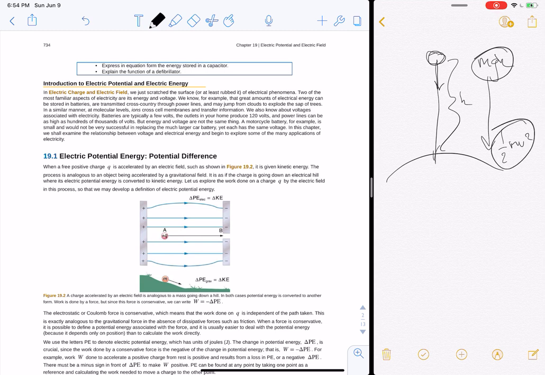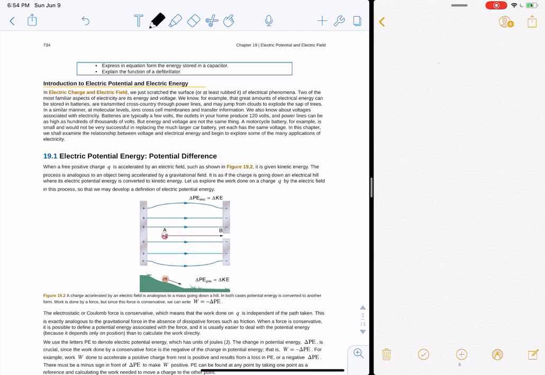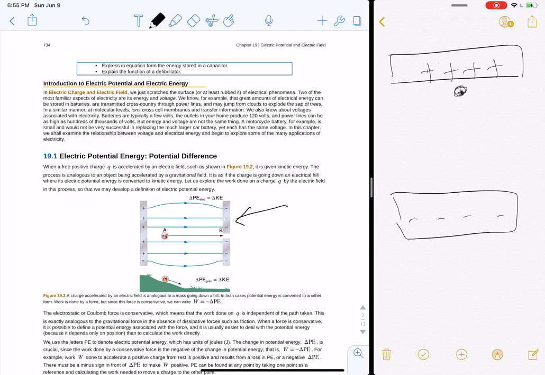Okay, so we're going to do a similar thing here with electrostatics. If you look at this picture, we've got positive charges and negative charges. Instead of a gravitational field, let's say you put a positively charged droplet next to this positively charged plate. It's going to be driven away.